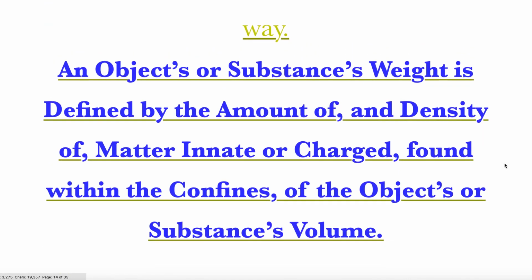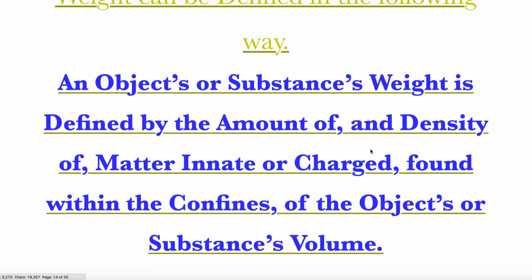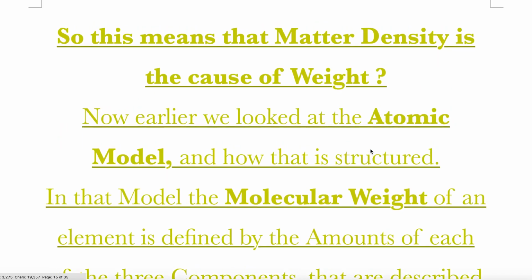But that's how you have to start there to calculate it. So this means that matter density is the cause of weight, right? So density of matter is the cause of weight. Now earlier we looked at the atomic model and how that is structured.